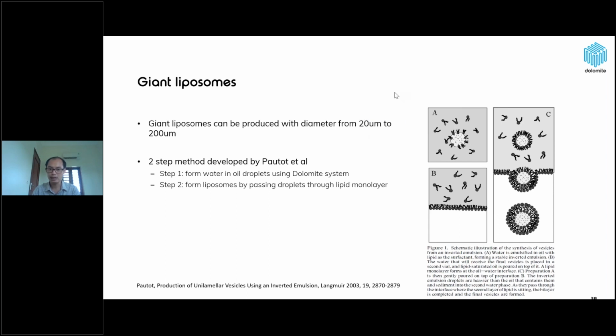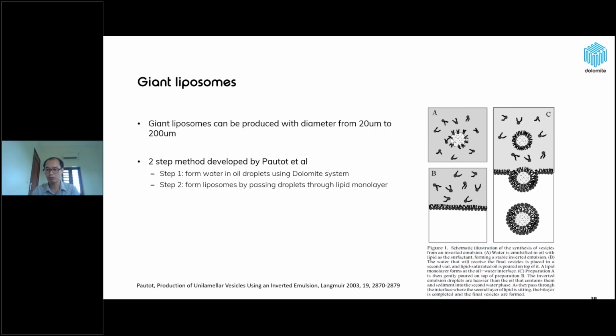And in this case, a two-step method developed by Portet et al. So step 1, we make water-in-oil droplets using the Dolomite system. And step 2, to form the liposome by just passing the droplet through the lipid monolayer.